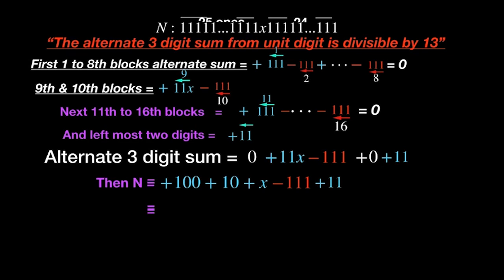So it gives the result x plus 10. The number is divisible by 13, it is given, so the remainder will be either 0 or 13. Here the remainder is x plus 10, so clearly it indicates that the value of x will be 3.